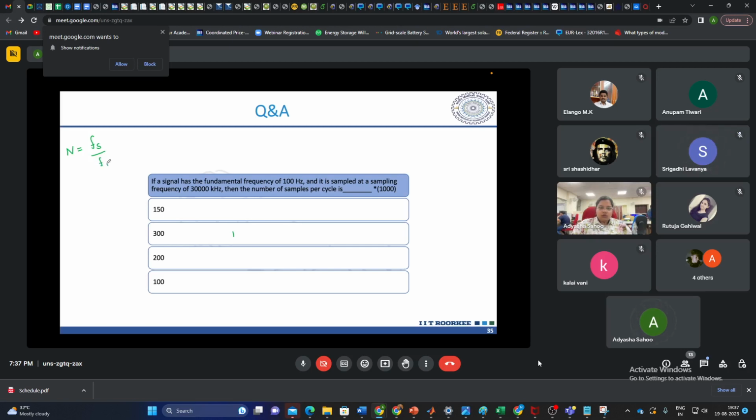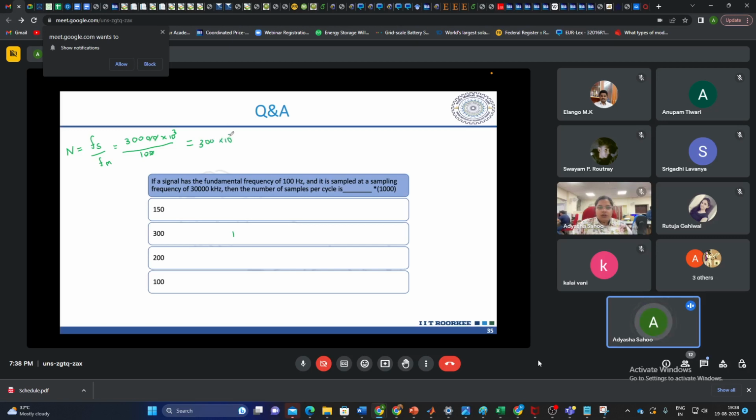If we do this, are we getting 300? Because here it is 4 zeros, 30,000, with kilohertz, and fundamental is 100. So according to me, it should be 300 times 10 to the power 3.